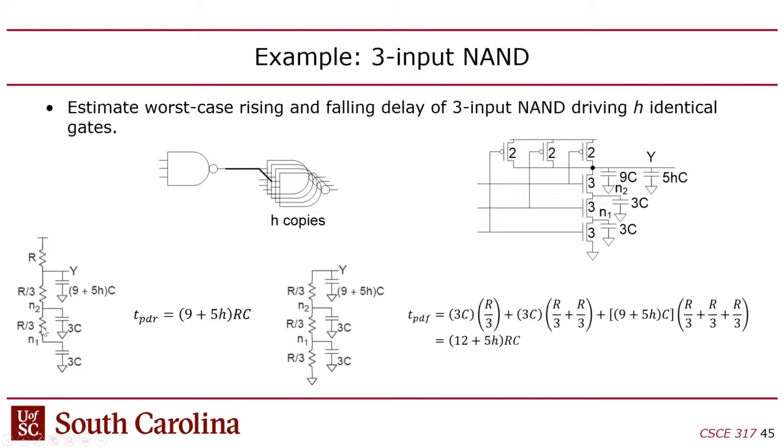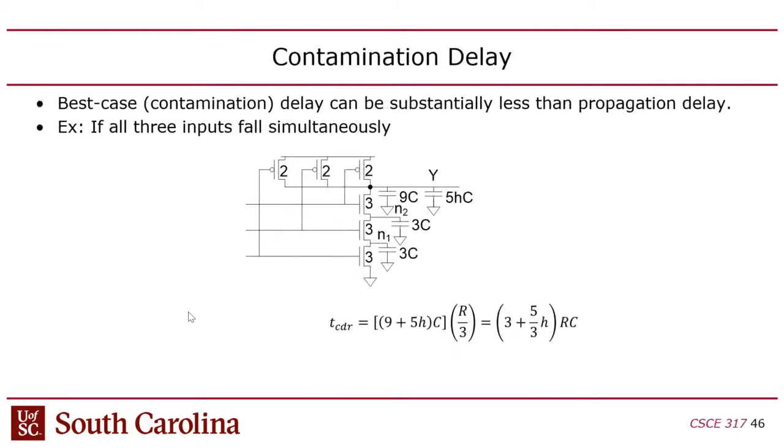You see this R/3, R/3. The only thing you count is the top resistor and then the output. That's why you only have 1 term here. So it's 9 plus 5H times RC. So that's the pull-up propagation delay.